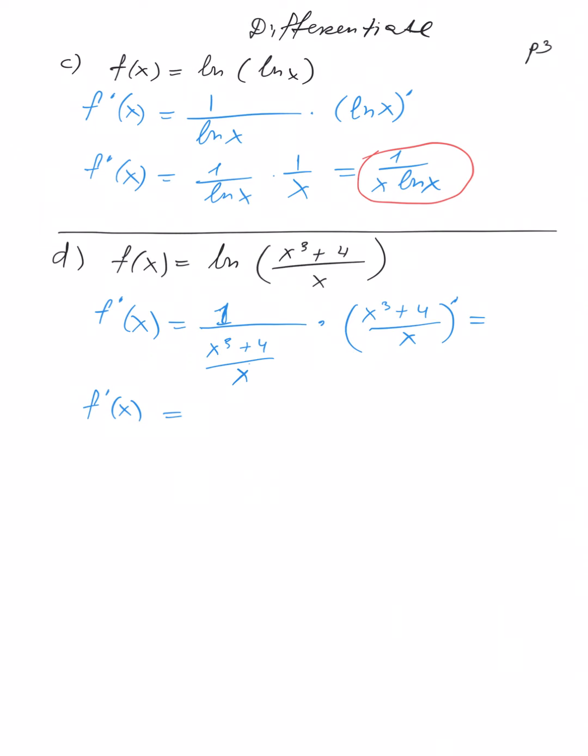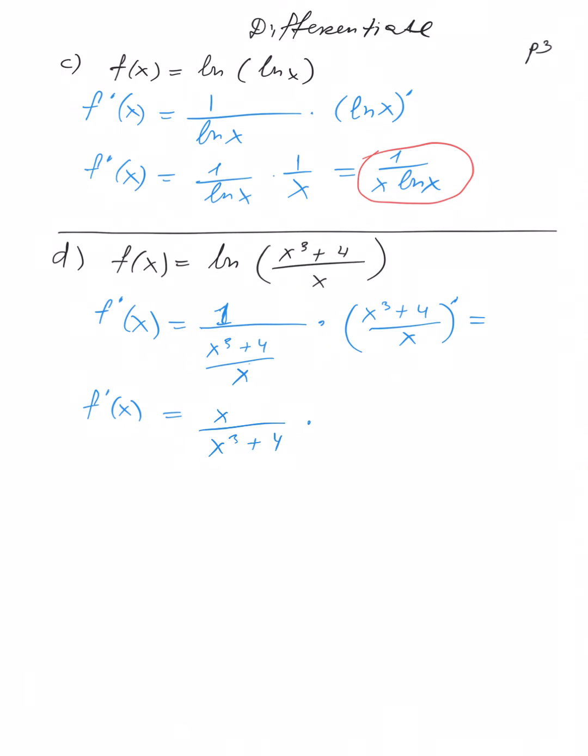When I'm doing 1 over this function, that means it's x over x cubed plus 4, and then I'm going to multiply this times the derivative of this. The derivative of that is going to be a quotient rule.